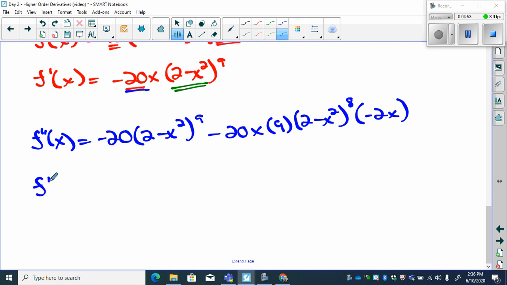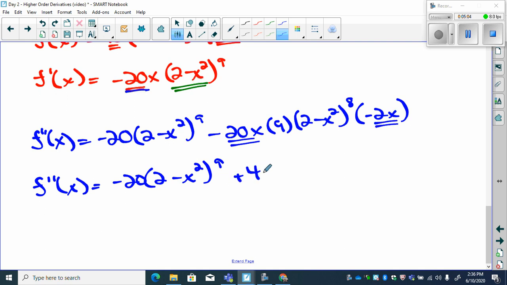And when I clean this up, I end up with negative 20 times 2 minus x squared to the 9th. Negative 20x times negative 2x gives me positive 40x squared times 9. I missed that. Times this 9 here gives me positive 360x squared times 2 minus x squared to the 8th.